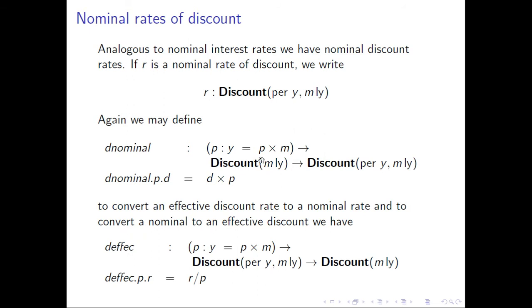If p satisfies y equals p times m, then we can go from an m-thly discount rate to a per y m-thly discount rate by multiplying the discount rate by p. And we can also go the other way to convert a nominal discount rate to an effective discount rate. Again, we just divide our nominal discount rate by p. So if we have a nominal discount rate that is per y m-thly, then we'll get an m-thly discount rate by dividing by p.